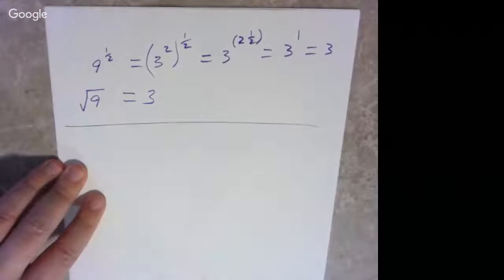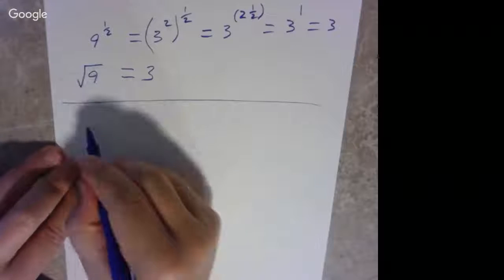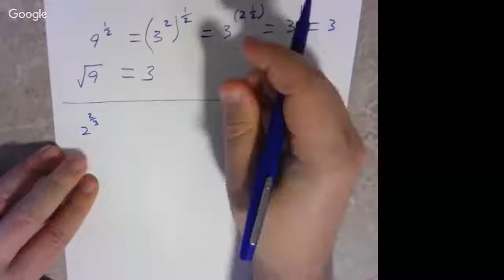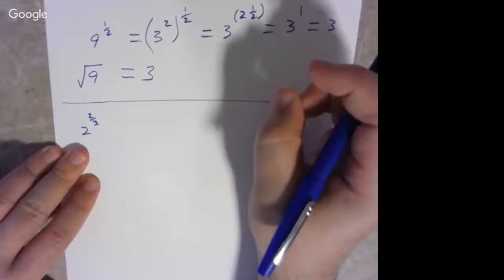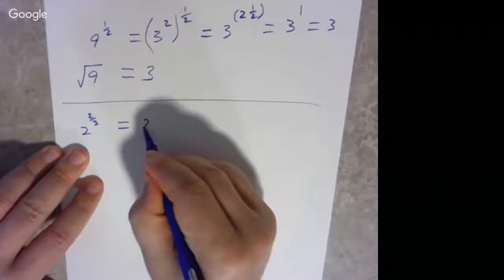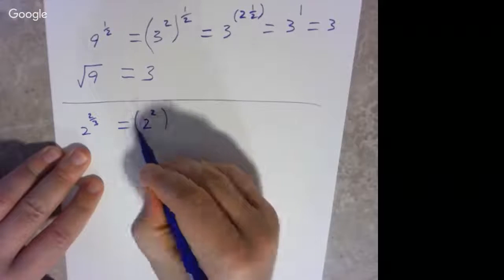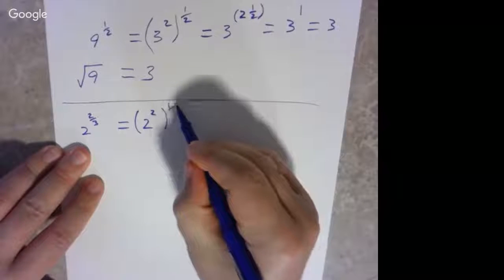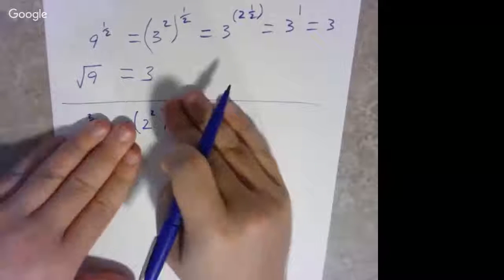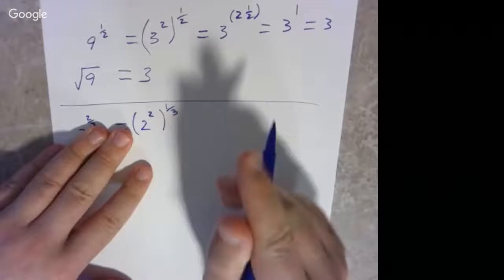So let's look at another example. If we have 2 to the power of 2/3, this would be the same as writing 2 squared and raising that to the 1/3. Now we know what 2 squared is. We're comfortable with seeing that anyway.